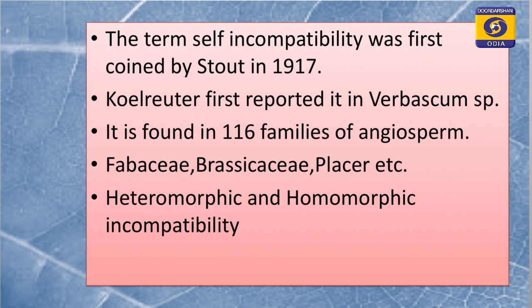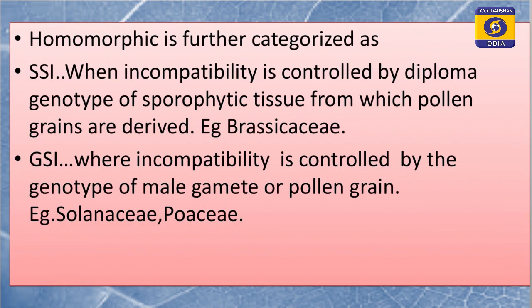And the self incompatibility can be of 2 types. One is heteromorphic type, one is homomorphic type. This homomorphic type is again categorized into GSI, that is gametophytic self incompatibility, and SSI, that is sporophytic self incompatibility.